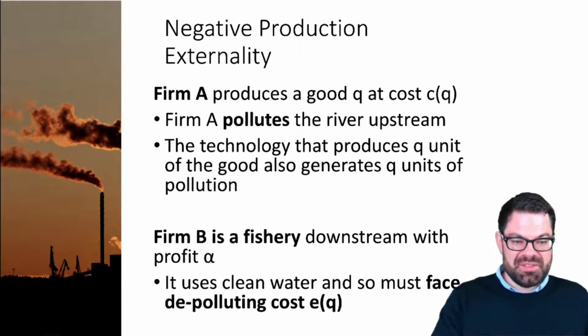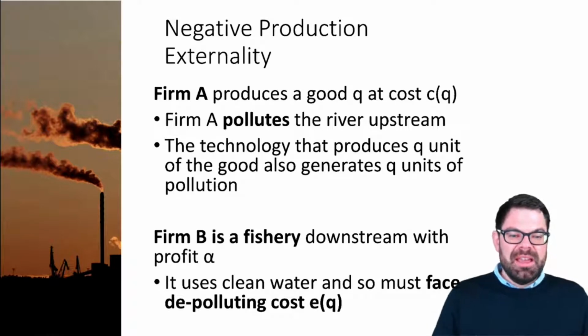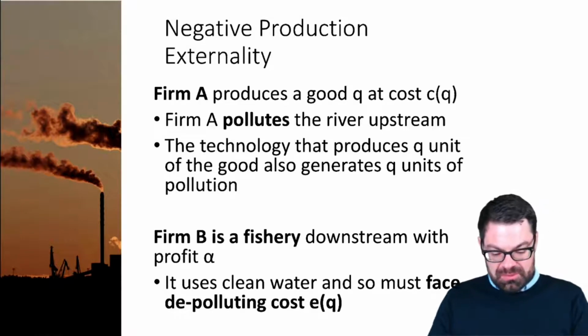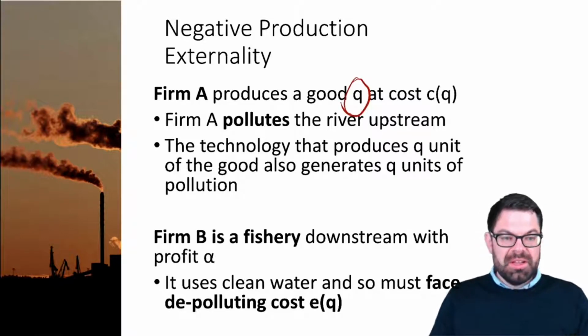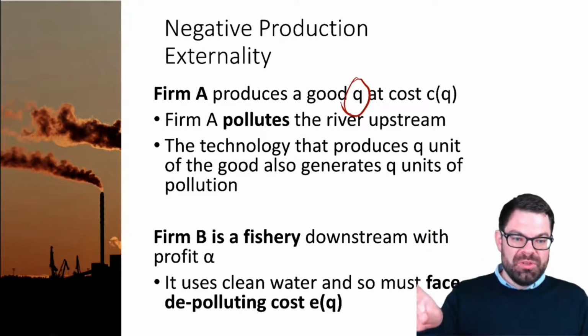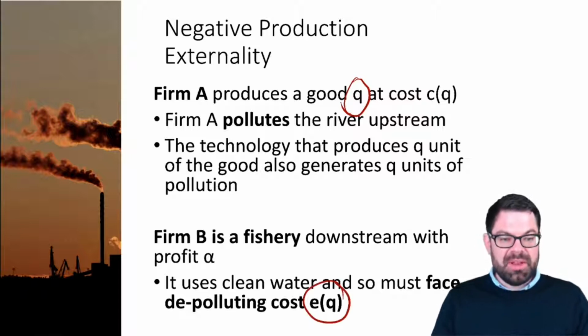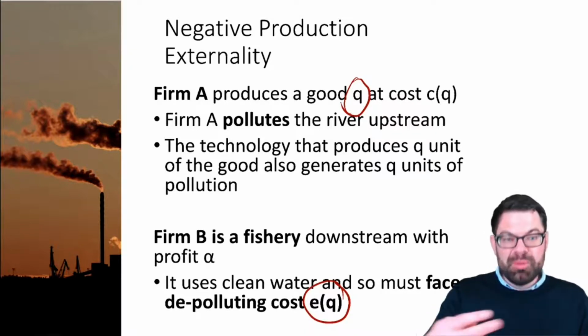But let's assume there is actually a depollution cost. So for every unit of good Q that firm A produces, firm B, the fishery, has to actually pay a certain amount to depollute the water.